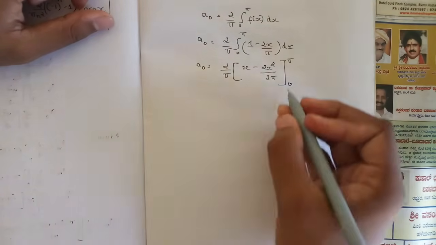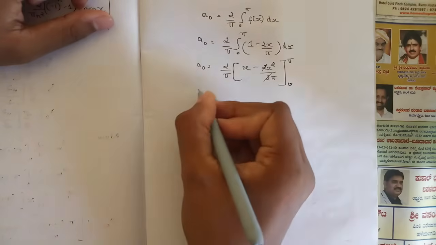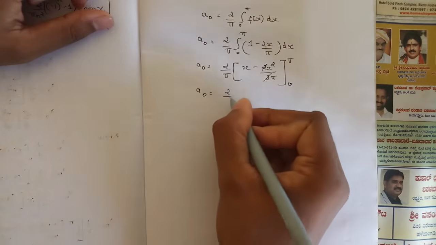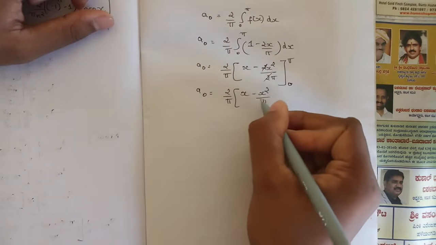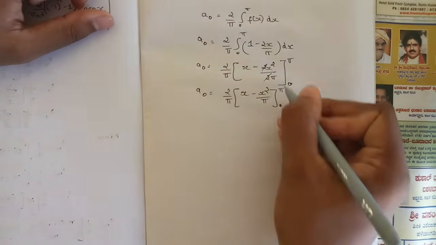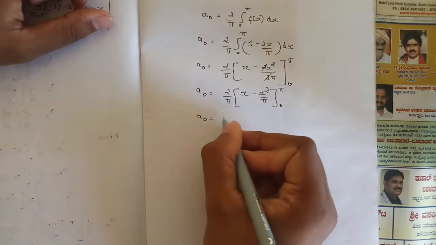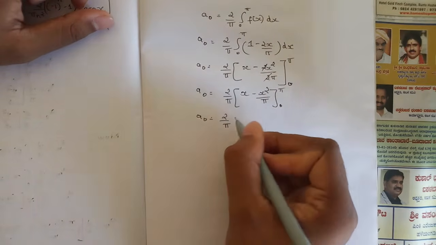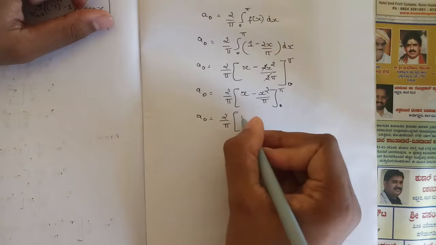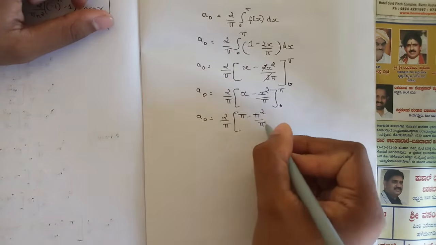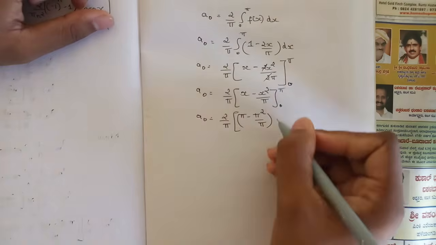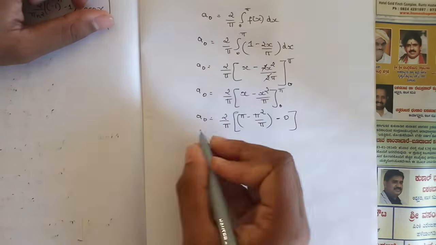From the interval 0 to pi, cancel 2, so a naught equals 2 by pi into x minus x square by pi. Substitute the limits: pi minus pi square by pi, minus 0, everything becomes 0, minus 0.